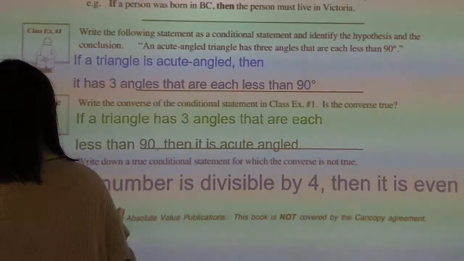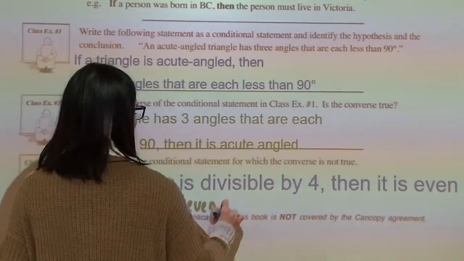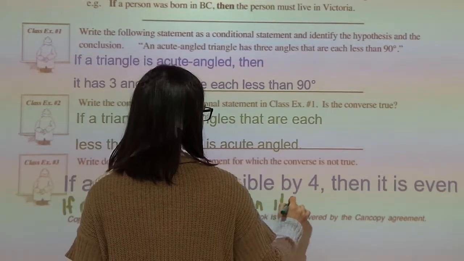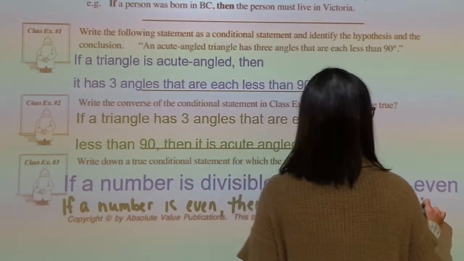So if a number is even, then it is divisible by 4.